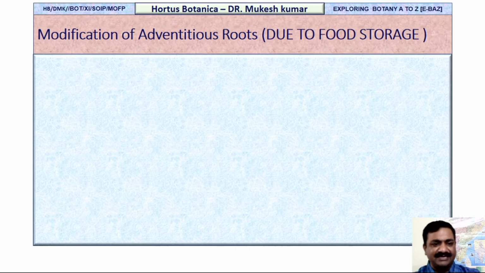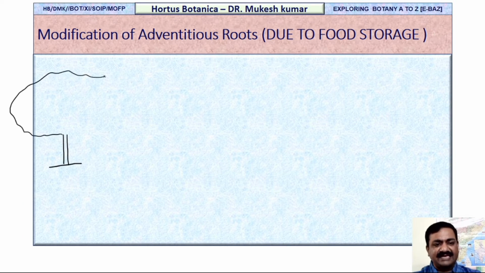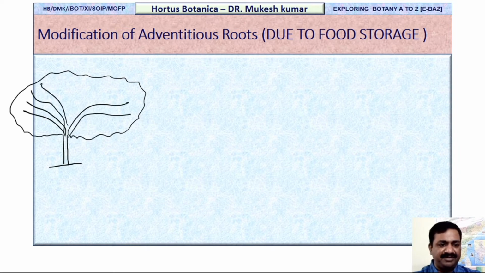What happened here? See, this is the trunk of that banyan plant, but it grows like this. The crown is very huge, and many branches are growing, forming a dome shaped structure. So the plant needs mechanical support.